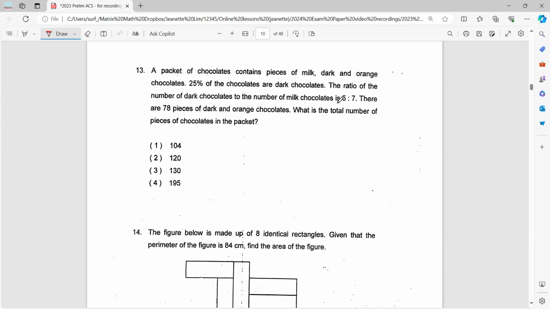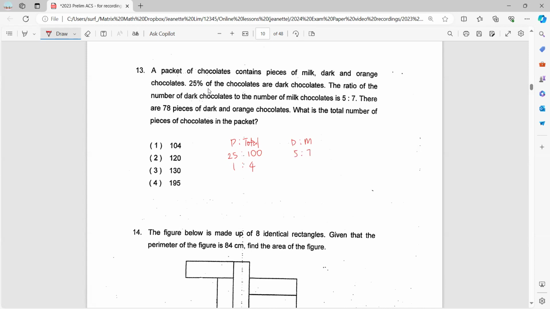What is the total number of pieces of chocolates in the packet? So first, 25% are dark chocolate. Let's write down the ratio dark to total. Dark is 25, total is 100, so 1 to 4.